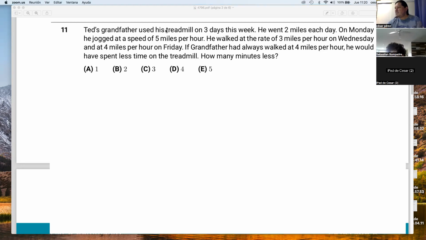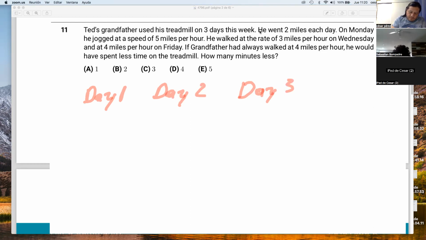The grandfather used his treadmill on 3 days this week. He went 2 miles each day. Day one. Day two. Day three. Okay. On Monday, he jogged at the speed of 5 miles.